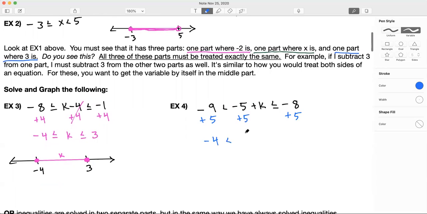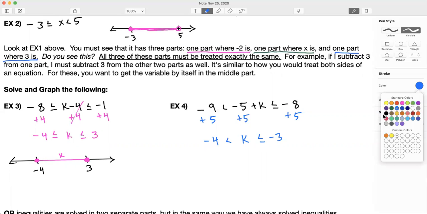And then we have the less than, then we have k, and then we have less than or equal to. We did not flip the sign at all. -8 plus 5 is not +3, but -3. My bad. But this statement right here is true. -4 is less than k and is less than or equal to -3. Okay, so k is right between -3 and -4.